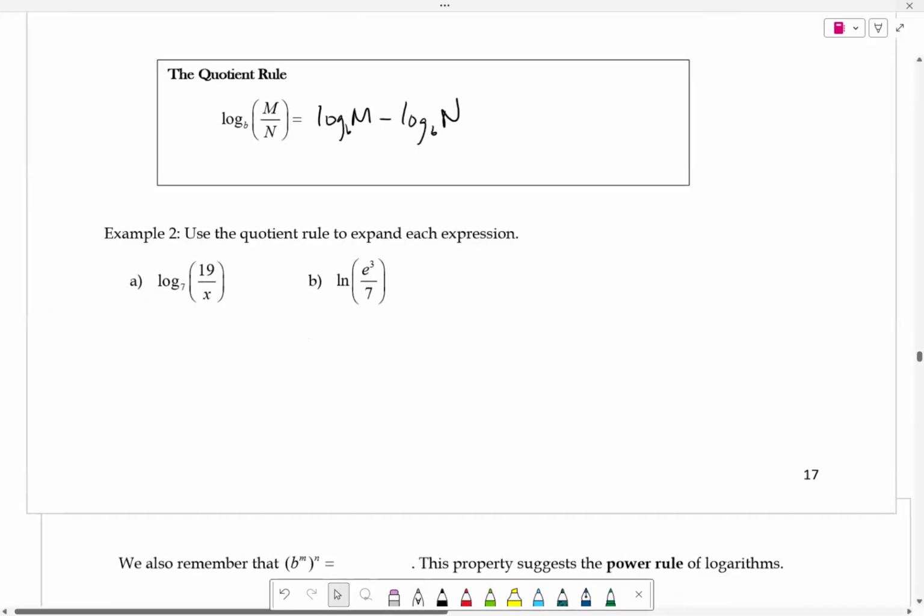Okay, A and B. Easy, now that you can see how the products work. Make sure your neighbor got both of them.